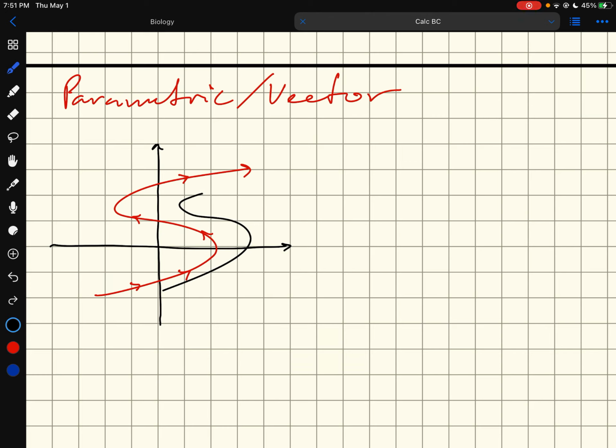A lot of the time we denote that third variable, that makes it so you're moving along the curve, is called a parameter. So that's why it's called parametric equations, because there's a third parameter that helps us make this into a function.